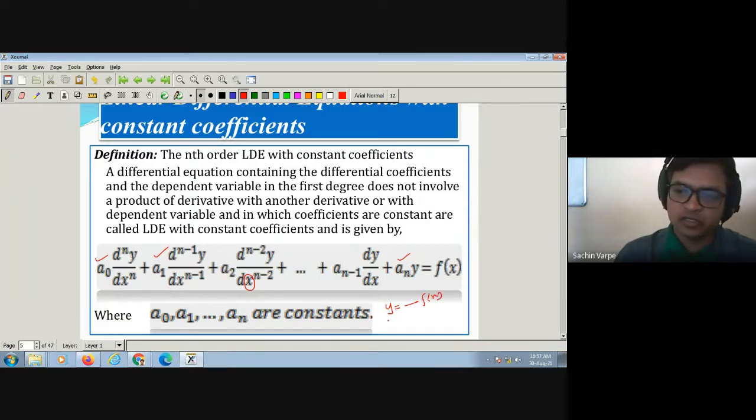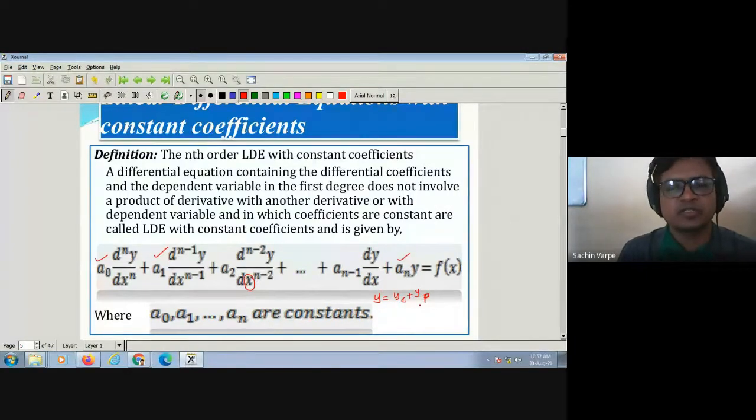Okay. So here the solution of linear differential equation with constant coefficient is called the general solution or the complete solution, is it? Which is a combination of two sub solutions, we can say. So if y is a general solution, then that y is a combination of two sub solutions, that is y1 and y2. We call them yc and yp.